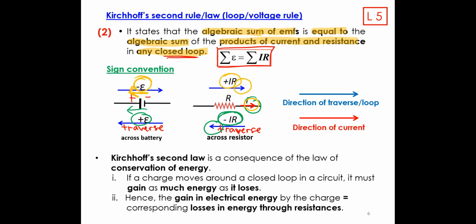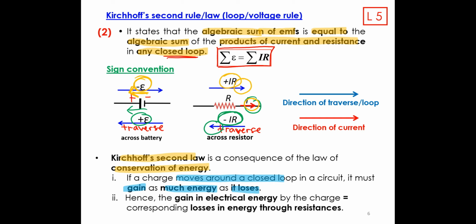And this is a bit of explanation, just a simple explanation about our Kirchhoff second law. Kirchhoff second law is a consequence of the law of conservation of energy. Energy before equals energy after. That's why left equals right. If a charge moves around a closed loop in a circuit, it must gain as much energy as it loses.